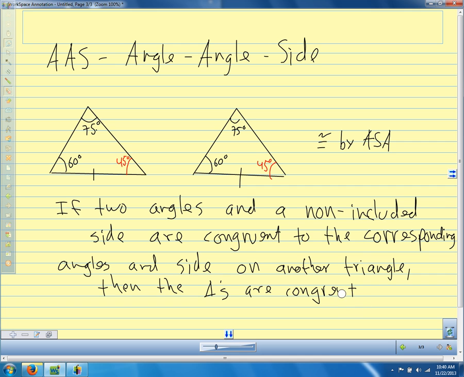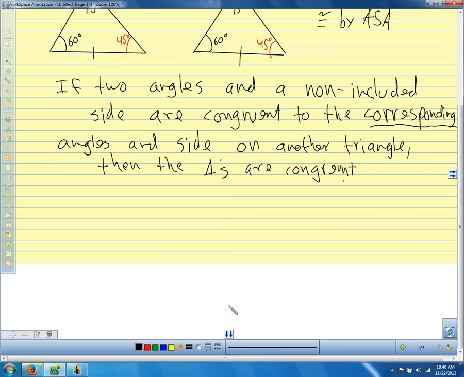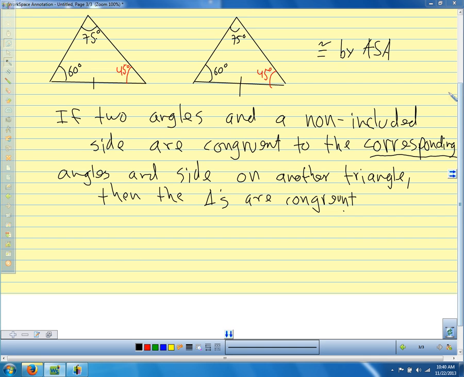And the important part here, the extra little detail, is this: corresponding. We have to make sure that the parts are in the same order. And we have to make sure they match up. So with angle, angle, side, the parts have to be in the same order.